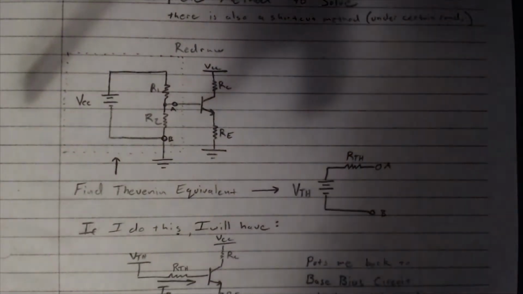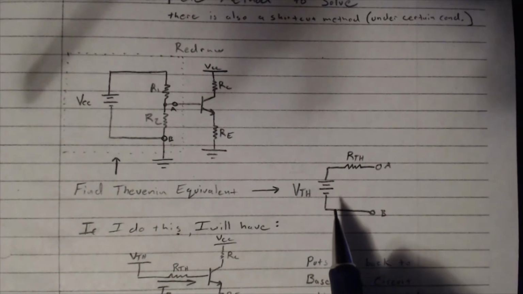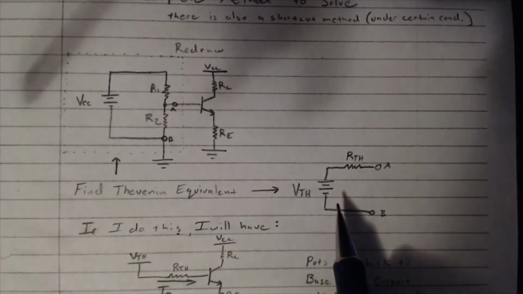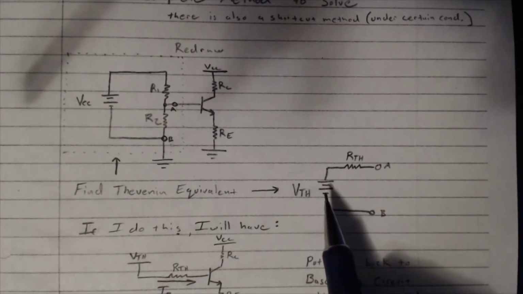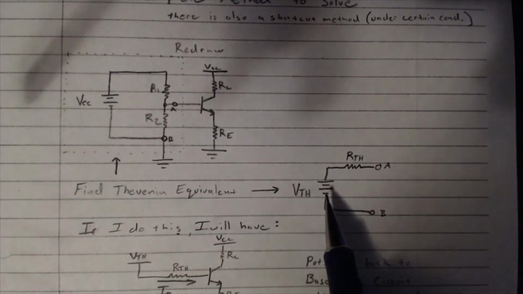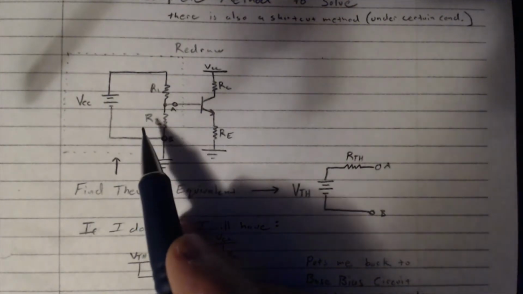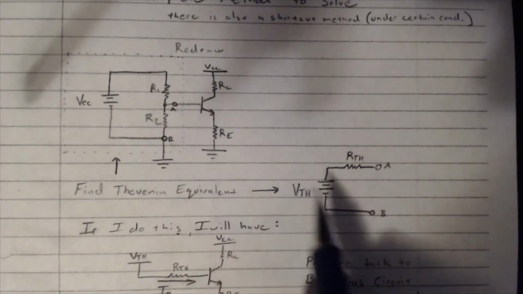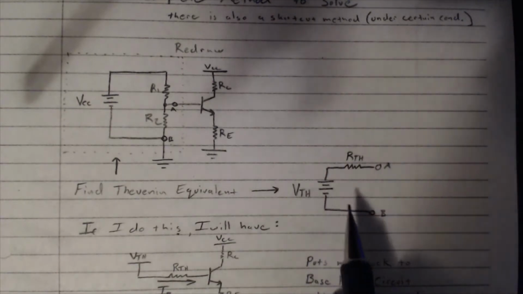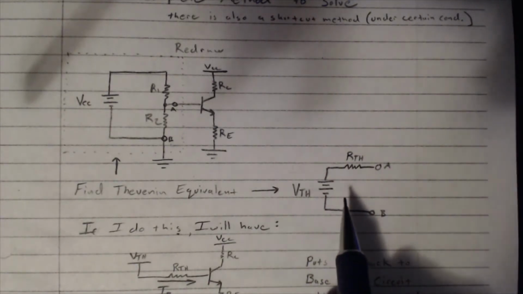Okay, now if you remember from 211, when you do a Thevenin equivalent circuit, what you're really doing is taking any complicated linear circuit comprised of any number of voltage sources and any number of resistors, and turning it into this form. That's what Thevenin's theorem allows us to do. Pretty simple technique.